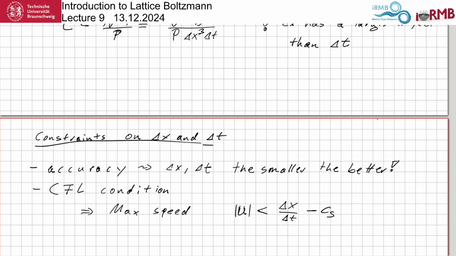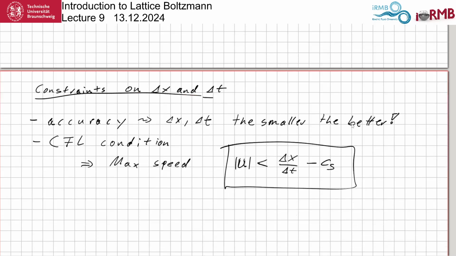Because this is how information is traveling. So we have to add these two things together. It can move one grid spacing in one time step. This is what information can move. But in addition to this, it is driven by the speed of sound. So the sound wave has to be subtracted here. So this is the CFL condition, which is pretty simple.